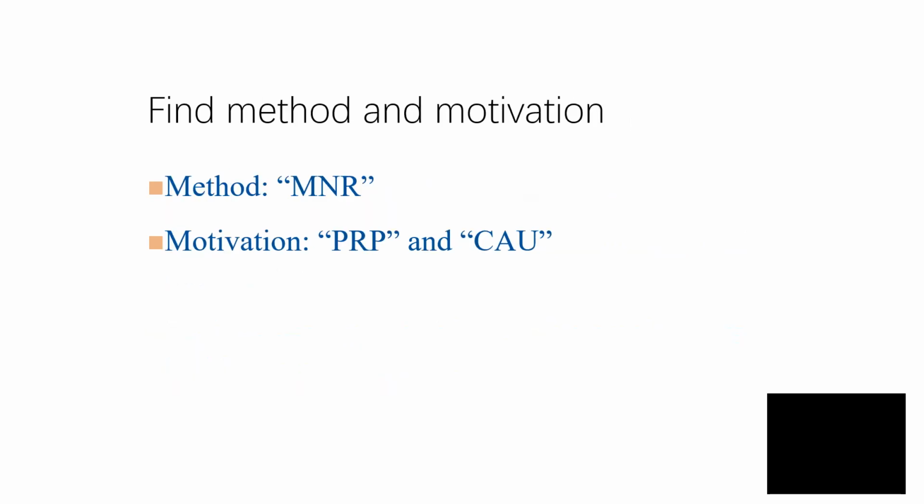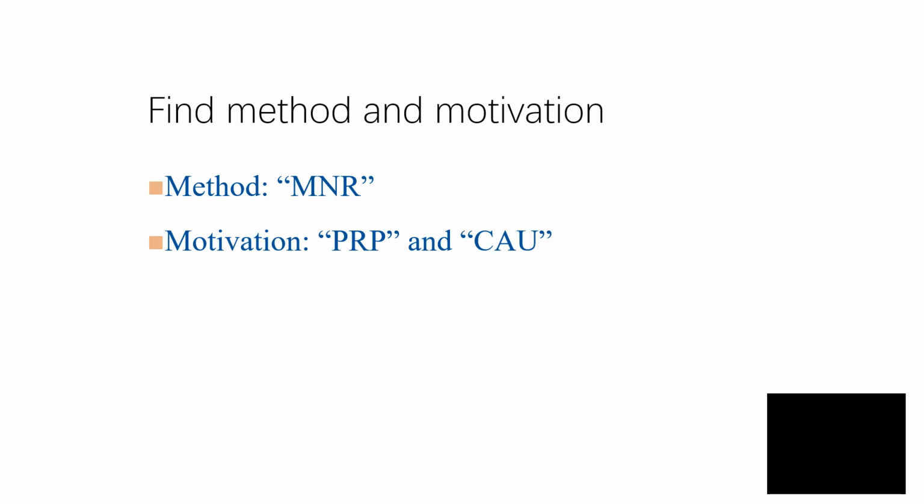And we can use our PropBank to find the method and motivation information in the sentence. The method is also found by looking at the tags, because I mentioned before that we have some modifier arguments in the PropBank, and sometimes these modifiers are tagged by MNR, which means the manner of a verb.